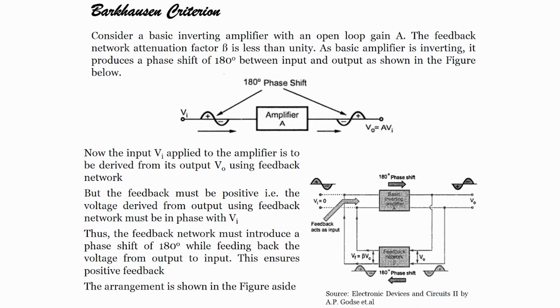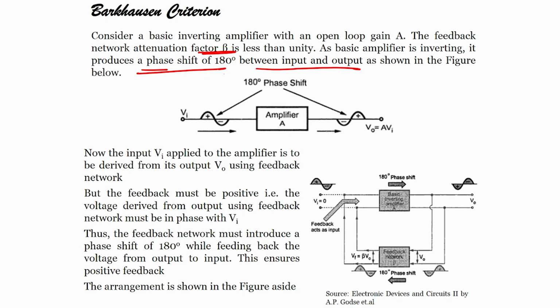So, if you see the screen, what we find is that we are considering a basic inverting amplifier with an open loop gain A, and the feedback network attenuation beta is less than unity. As a basic amplifier is inverting, it produces a phase shift of 180 degrees between input and output, as shown in the figure, right.